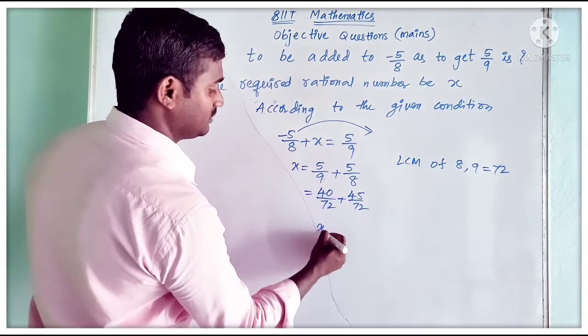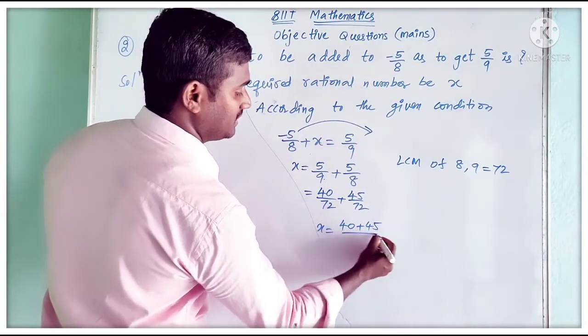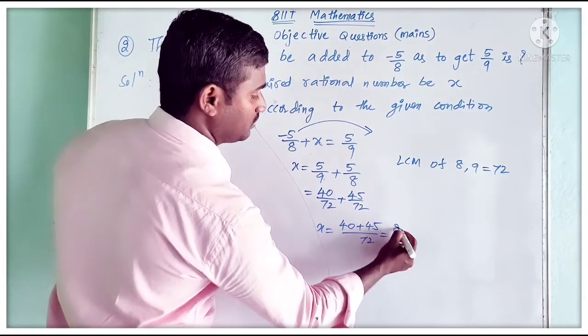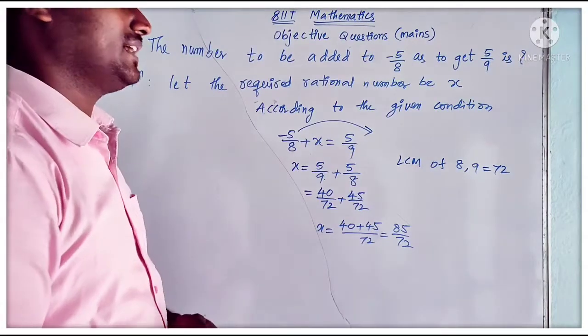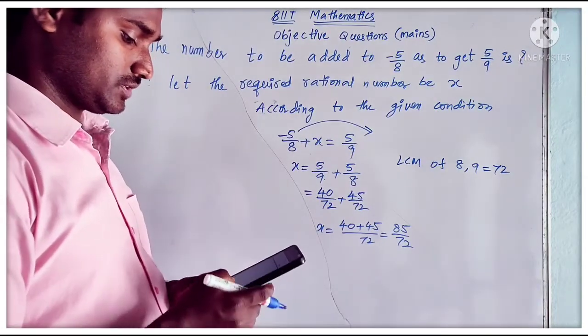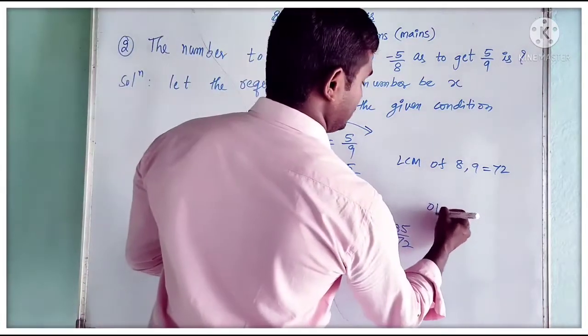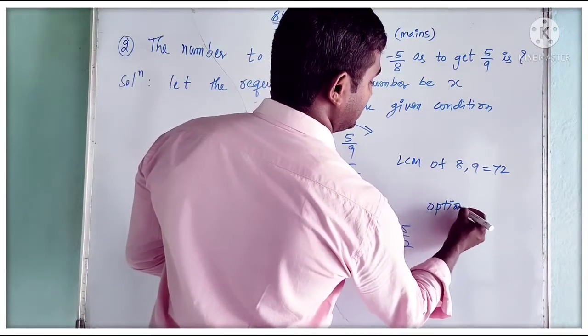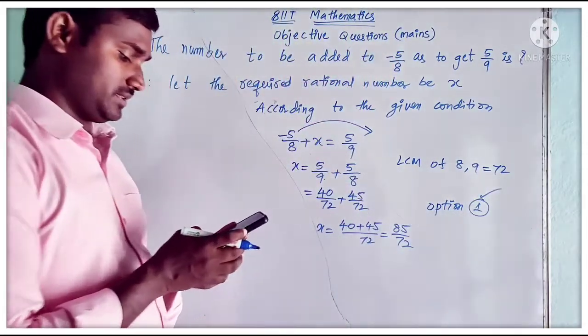So x is equal to 40 plus 45 by 72, which is equal to 85 by 72. Option 1 is the correct option for that.